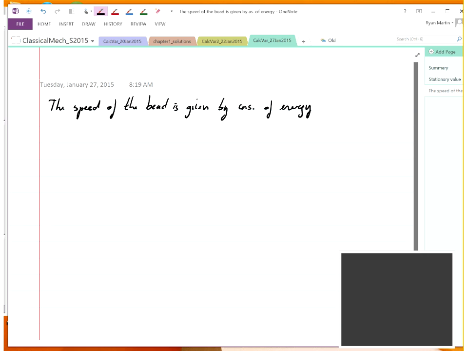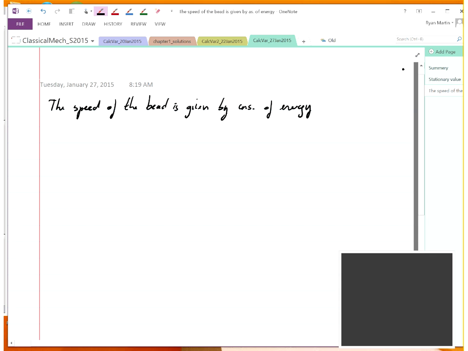I'm still having problems with my computer here.